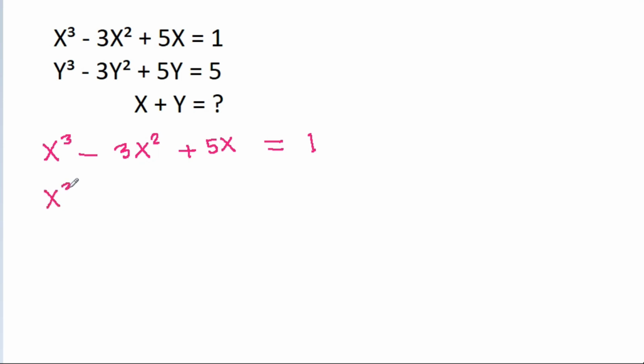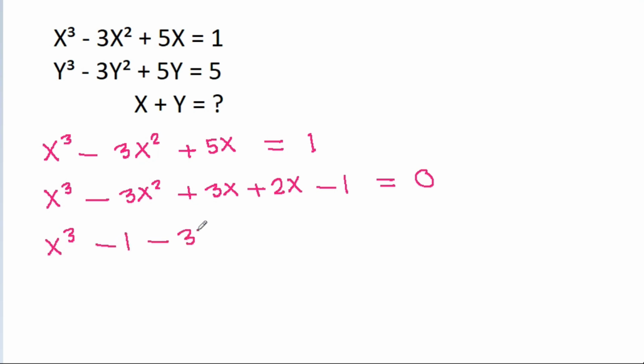and it is x cube minus 3x square plus, and 5x is 3x plus 2x, minus 1 is equal to 0, and it is x cube minus 1 minus 3x square plus 3x is equal to minus 2x.